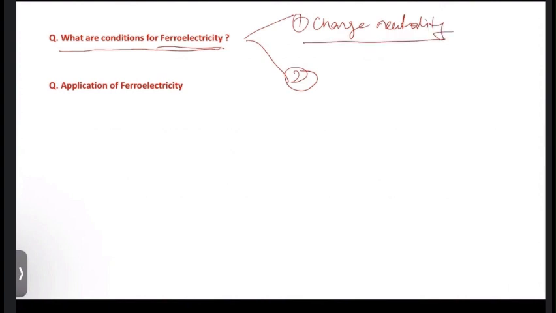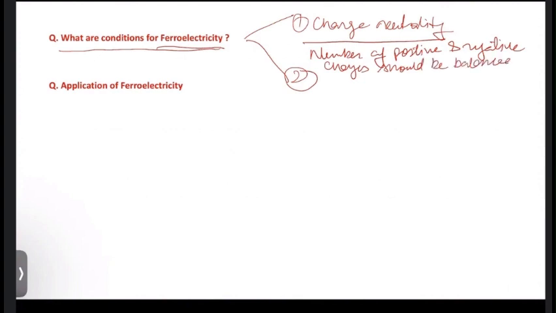That means the number of positive and negative charges should be balanced.